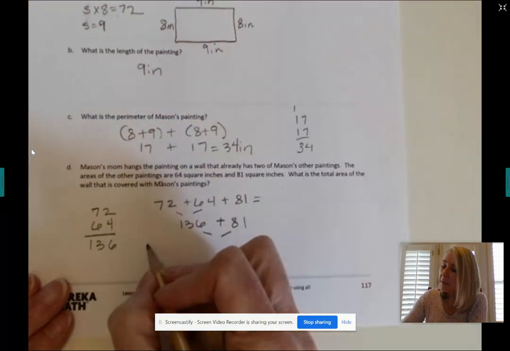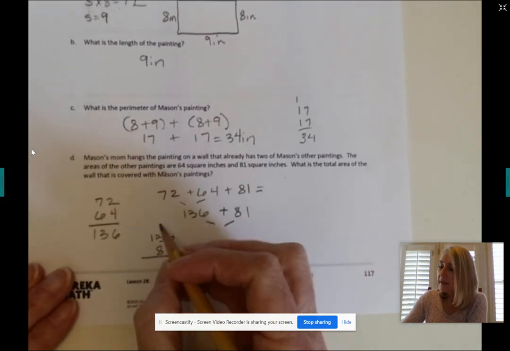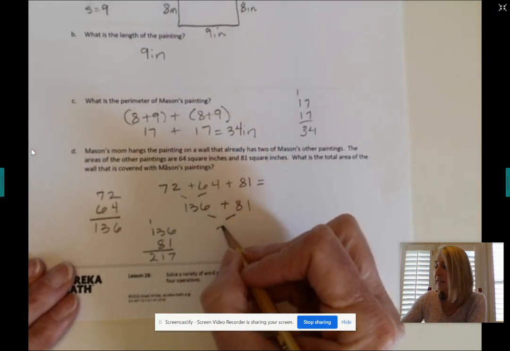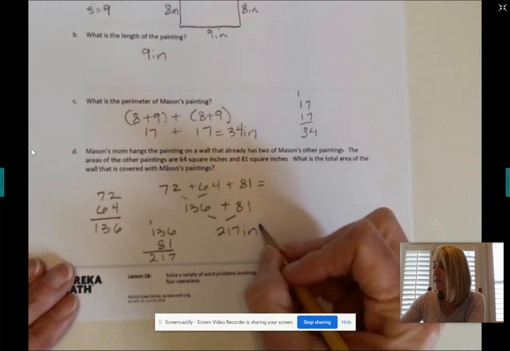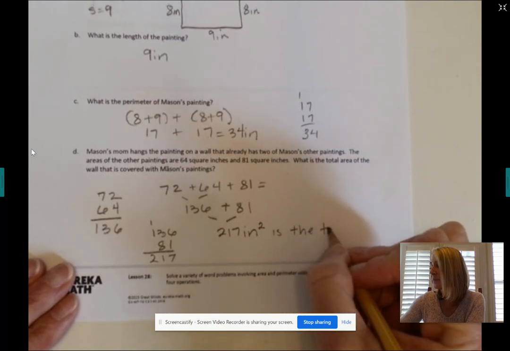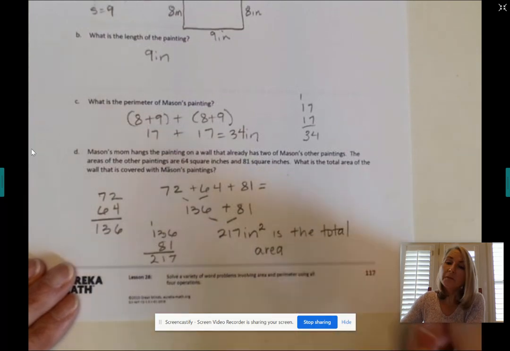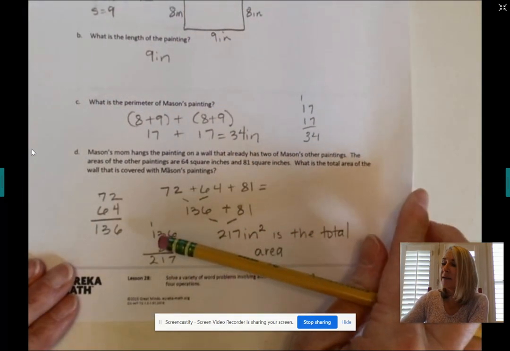So I have my 136 plus my 81. 8 plus 3 is 11. 217. So 217 inches squared is the total area covered by pictures. All right, continuing on.